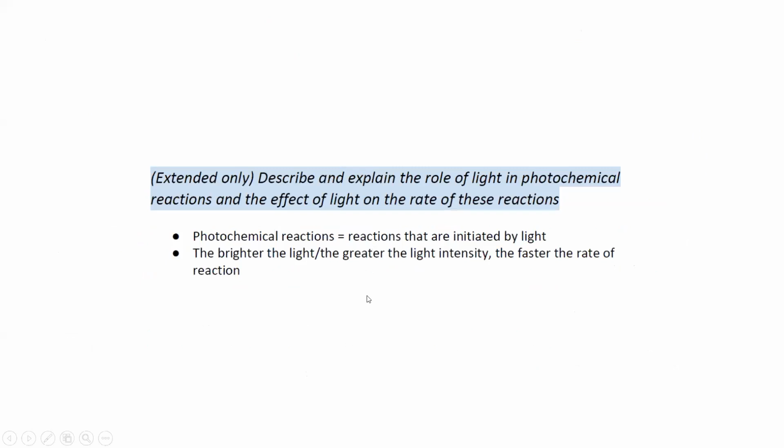Then there are certain reactions which are affected by light. The reactions which are affected by light, we call photochemical reactions. So what is a photochemical reaction?